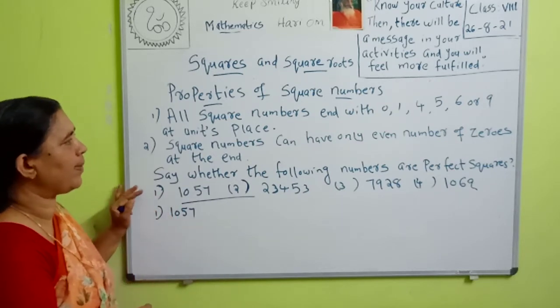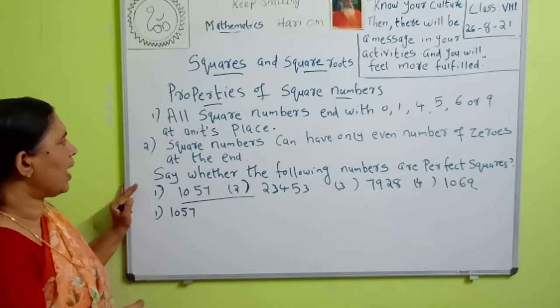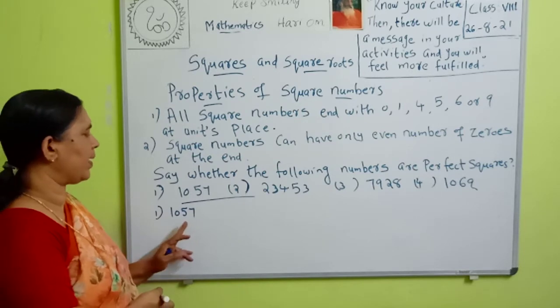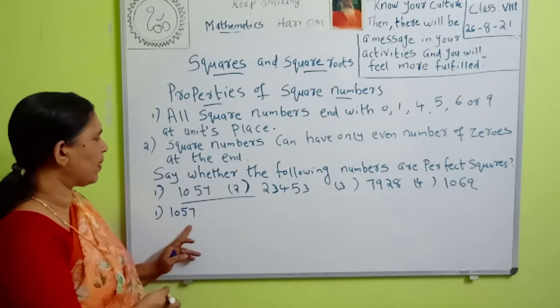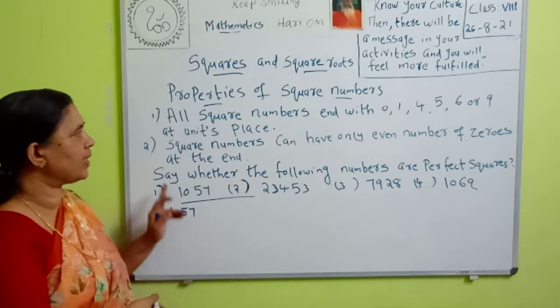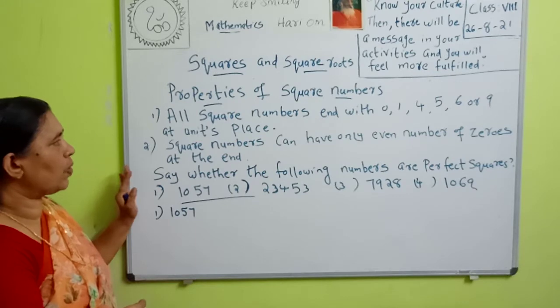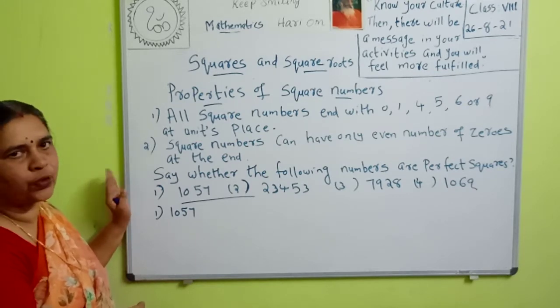All square numbers end with 0, 1, 4, 5, 6 or 9 at units place. Here the number ends with the digit 7. The units place digit is 7. So is it a perfect square? It is not a perfect square.